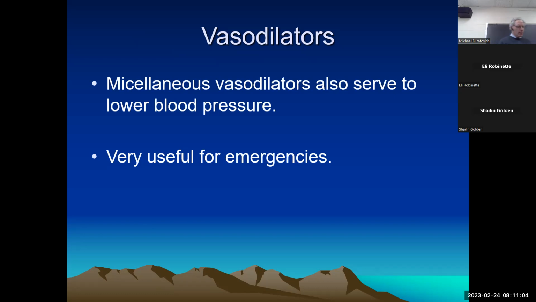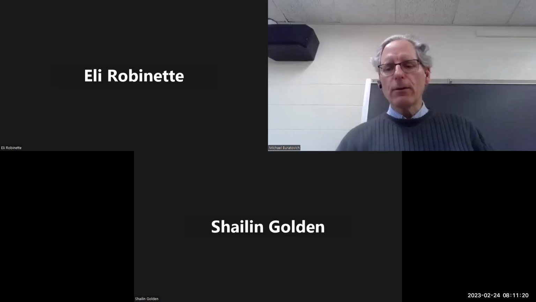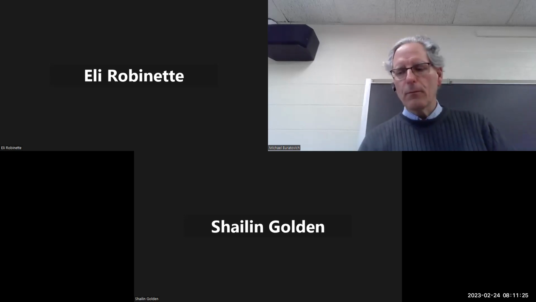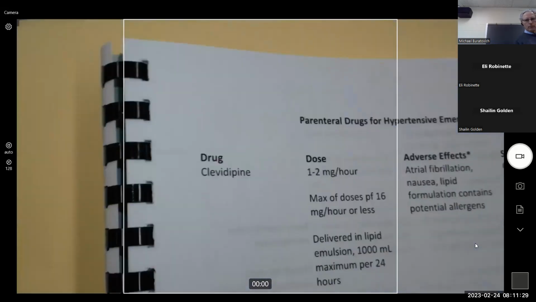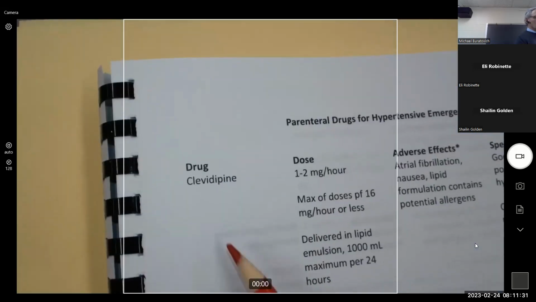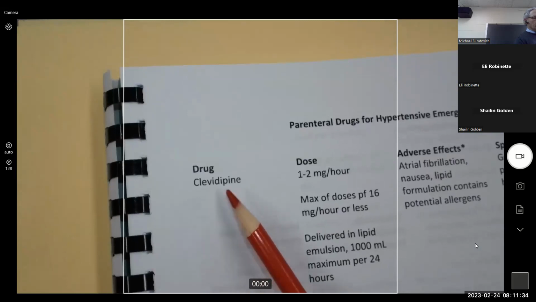So on pages 60, 61, 62 and 63, there's a list of some of these miscellaneous vasodilators. Let's take a look at those. So clevidipine is a calcium channel blocker.